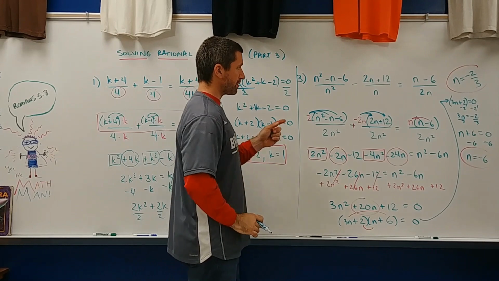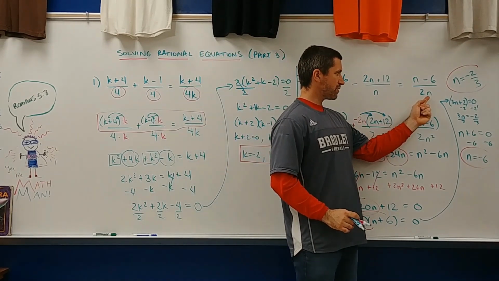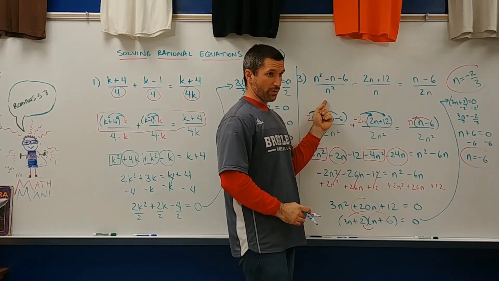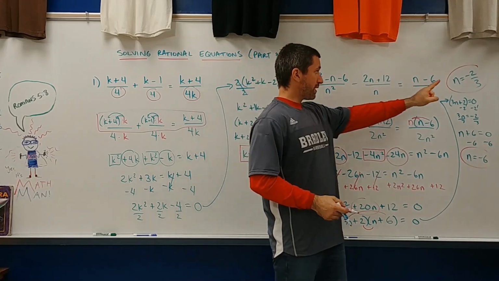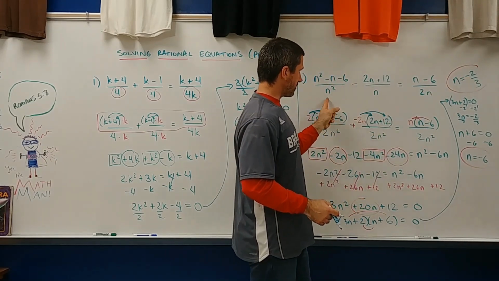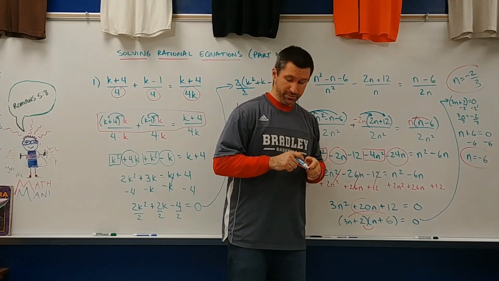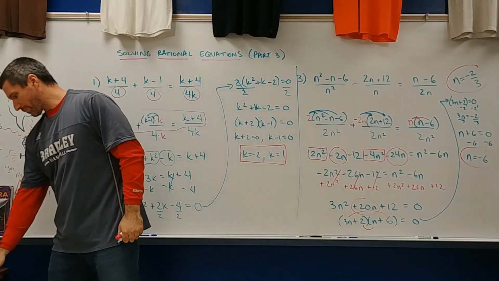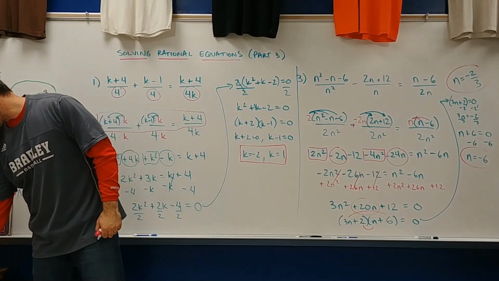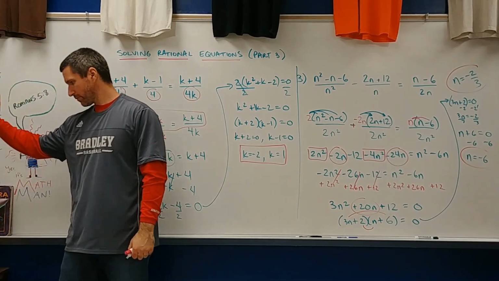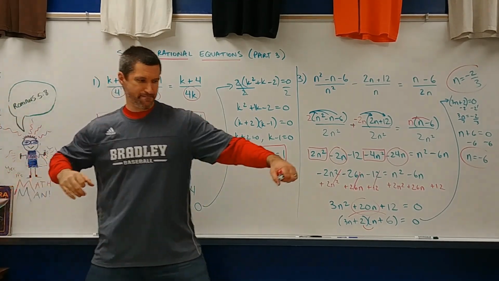If you take the negative 6 and put it in any of those positions where n is, are you going to get a 0? Nope. If you put negative 2/3 in any of those positions, you would be okay? The answer is yes. So for number 3, oh, wake up, computer. Don't fall asleep on me now. Negative 2/3, negative 6. Booyah.